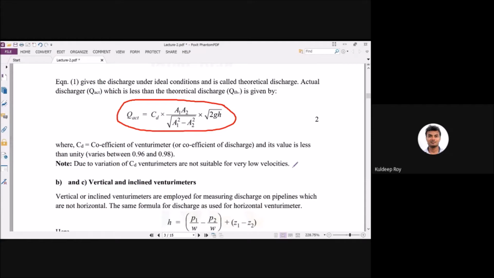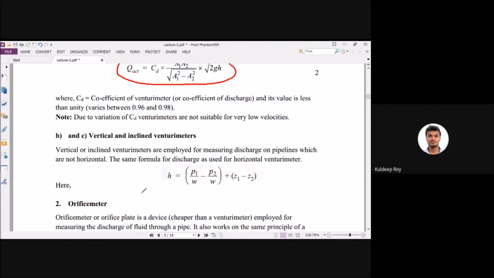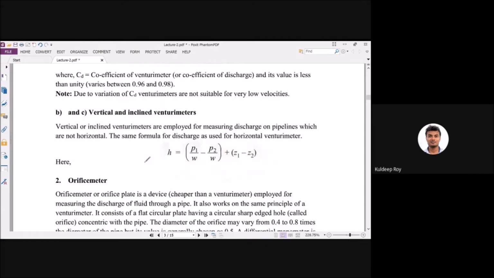Now coming to the vertical and the inclined. If you put it in an inclined position, then the potential head will be there, because you have put it in a tilted format, or you have placed it at a particular height.